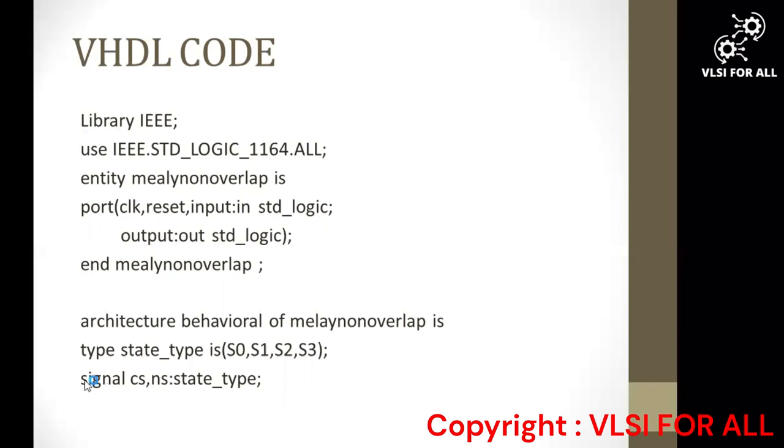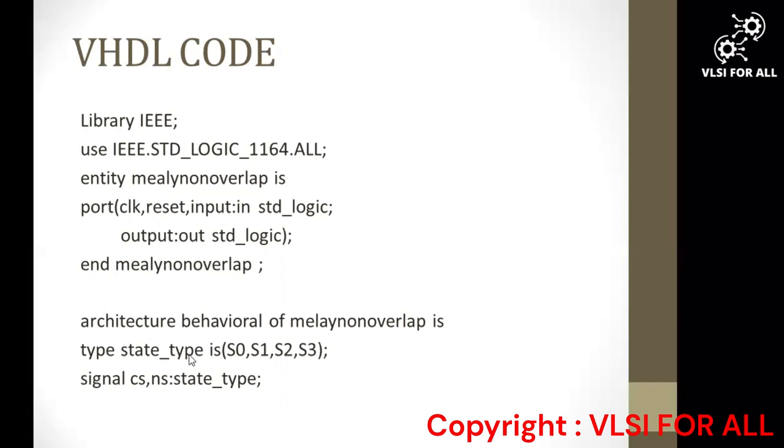Here we have used the type keyword. Basically, the type keyword allows you to define your own data type in VHDL, and these are interpreted and synthesized by the synthesis tool. So this allows us to create user-defined data. This is the syntax of a type declaration: type, then the name of the type.